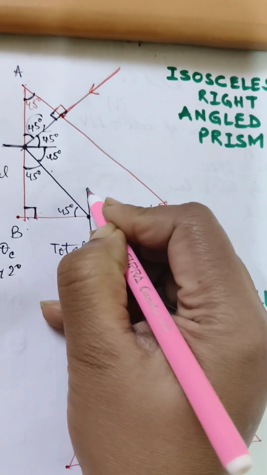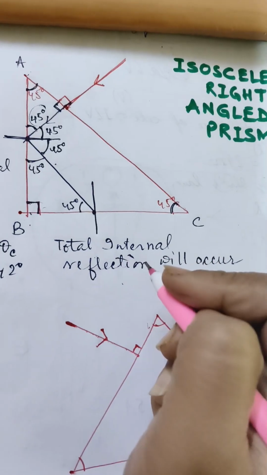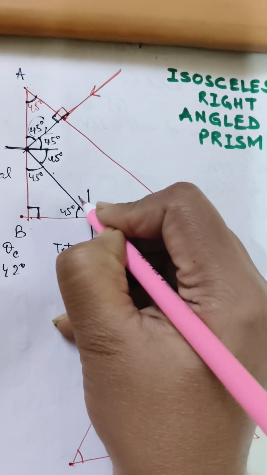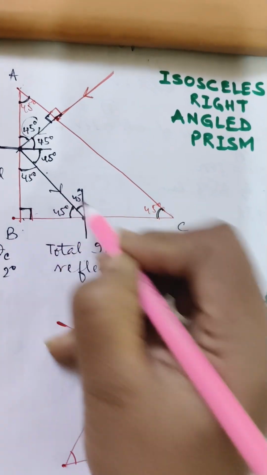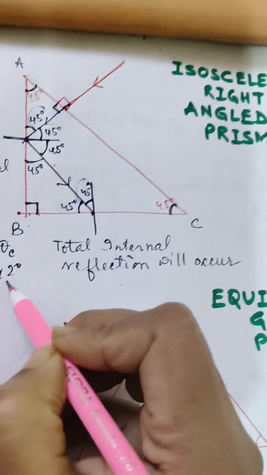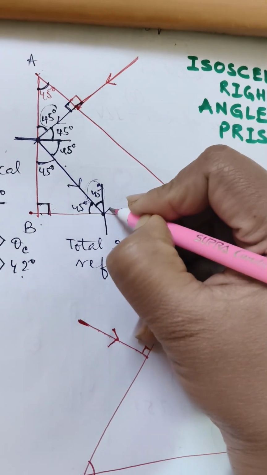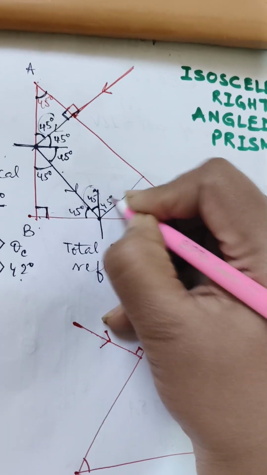Drawing the normal is very important, otherwise you won't get the angle of incidence. If this is 45, again this has to be 45. And again, from glass to air interface, the angle of incidence exceeds the critical angle. So the ray of light again bounces back. So this is 45 degree.